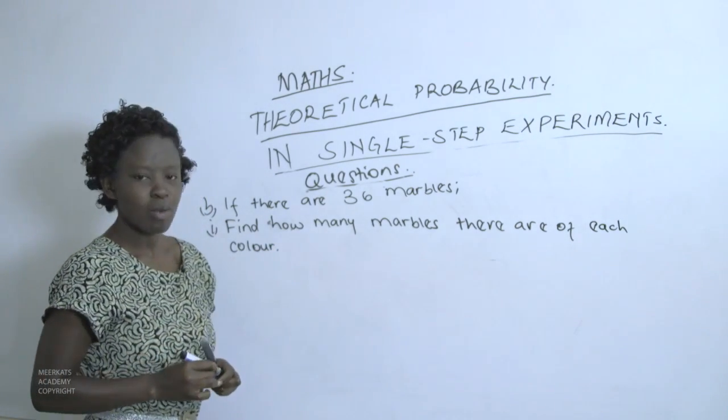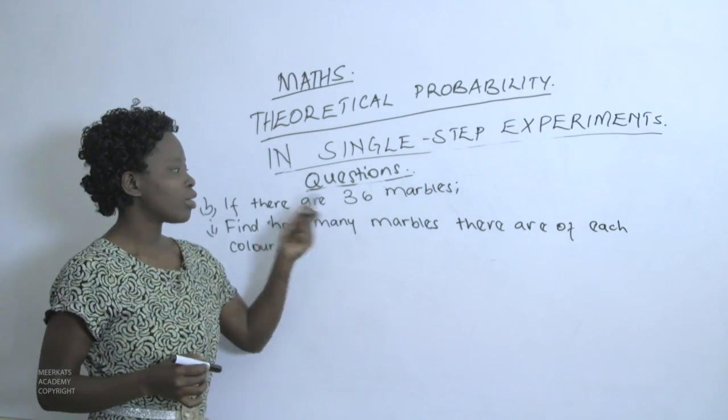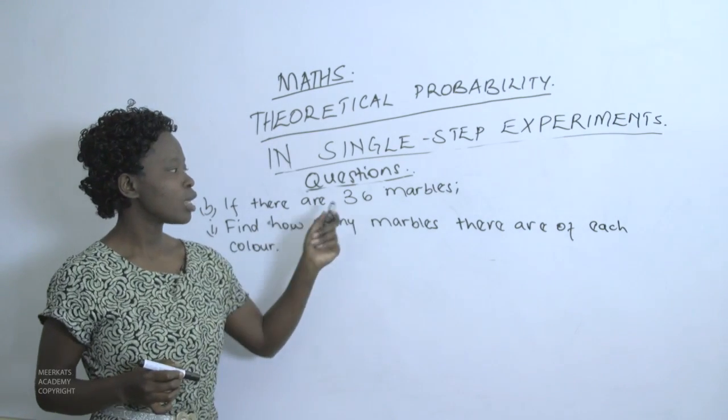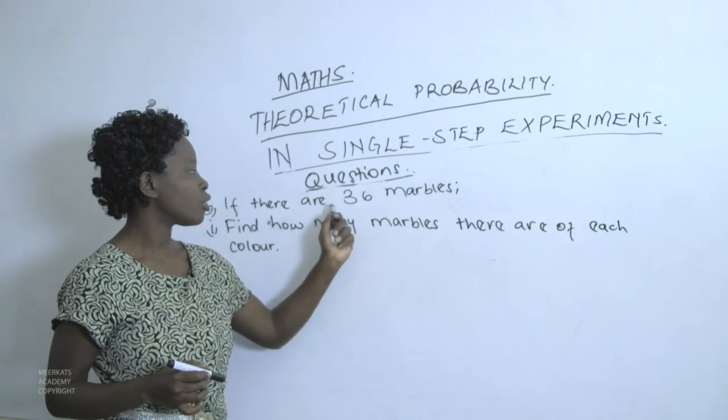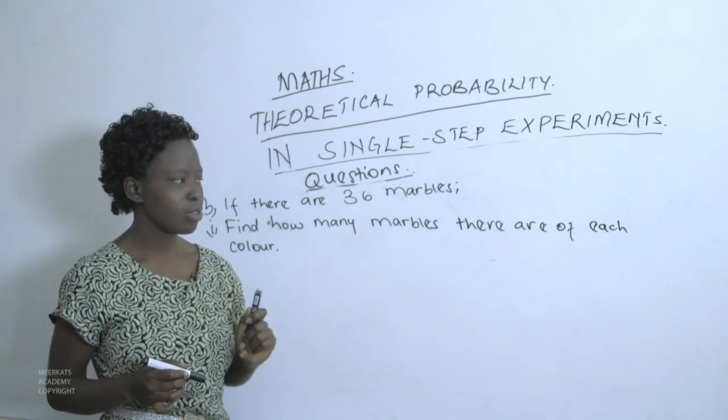So still on the same question, but in the first case we were working with a total of 24 marbles, and now we are having a total of 36 marbles in this given bag.